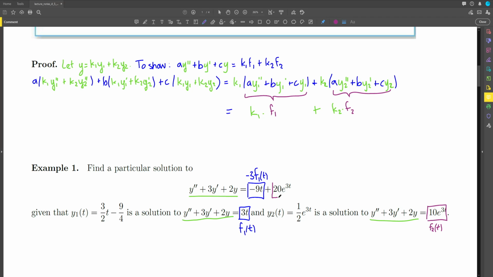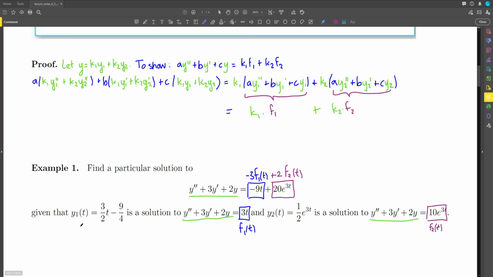And on the right-hand side, that's a function that very much looks like f2. In fact, this would be plus 2 times f2 of t.